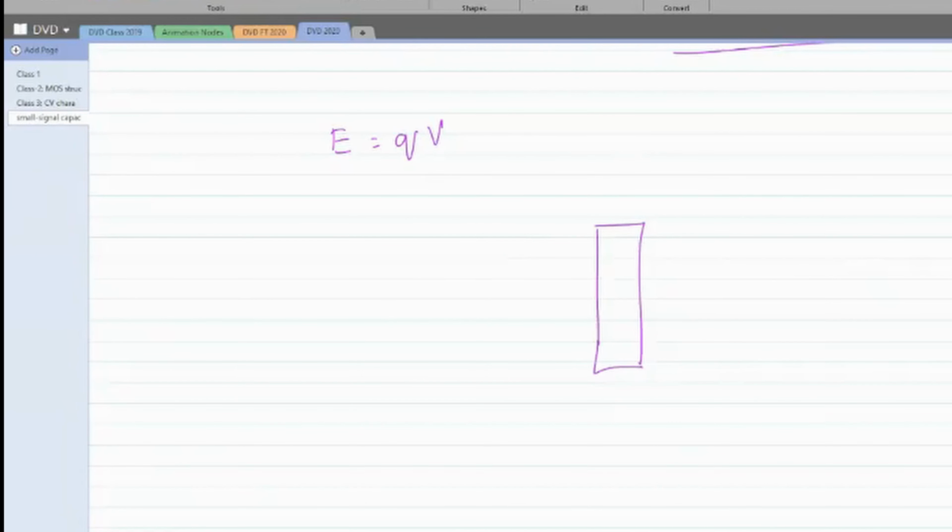So when I apply minus V1, it is not only the Fermi level of the metal that goes high, but you will also see some shift in the conduction band as well as the valence band.